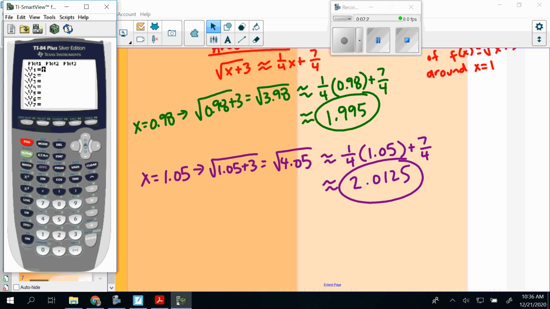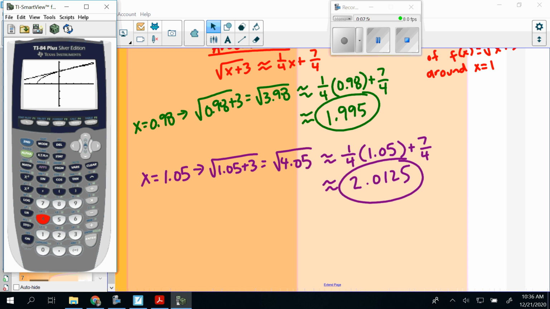One, we're going to graph square root of x plus 3, and the other one we're going to graph is our 1/4 x plus 7/4. I'm going to type it in as 0.25 x plus 7/4. All right, so if we graph this, there's our curved one.